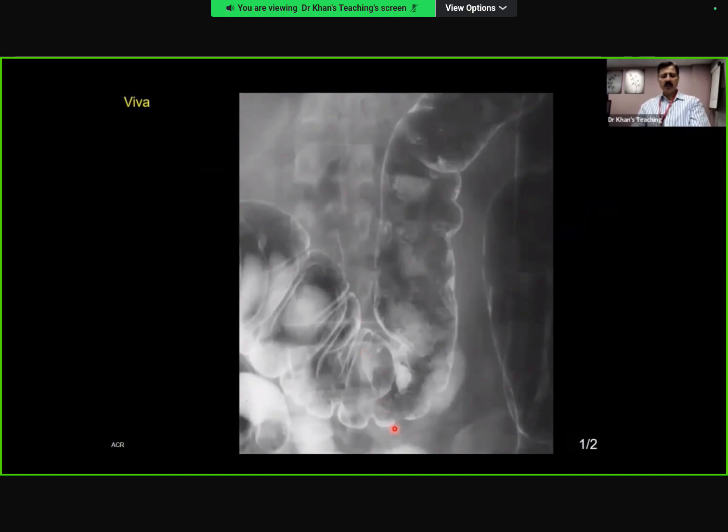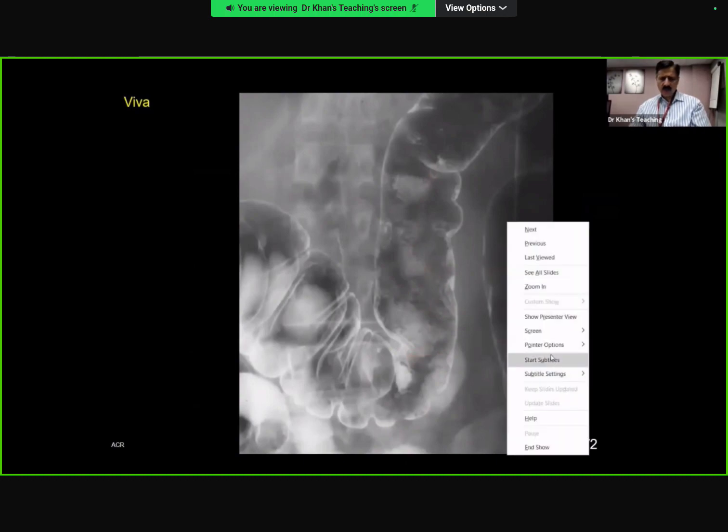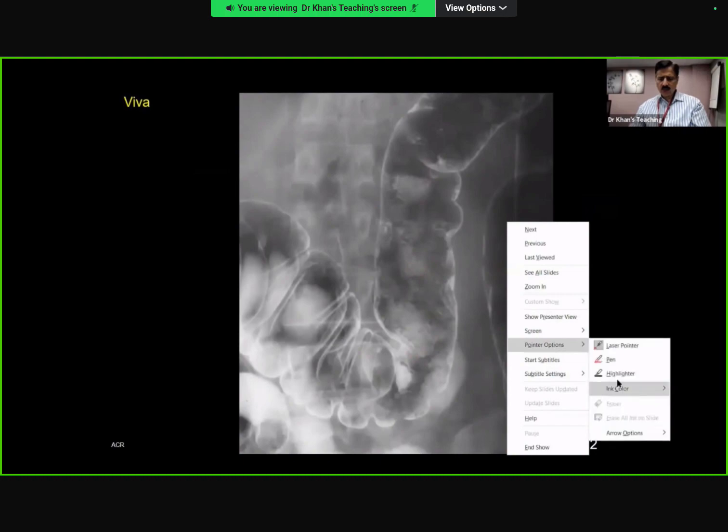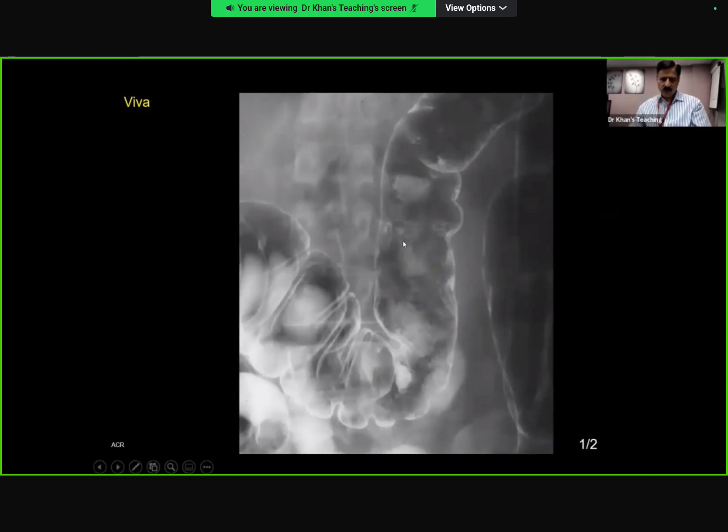Okay, this is a spot finding, and I just want you to answer this. If you look carefully, this is a transverse colon, and you can see a unique type of appearance here. If you see this thing, this thing, this thing.